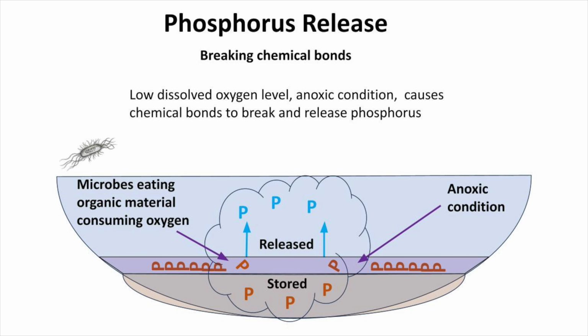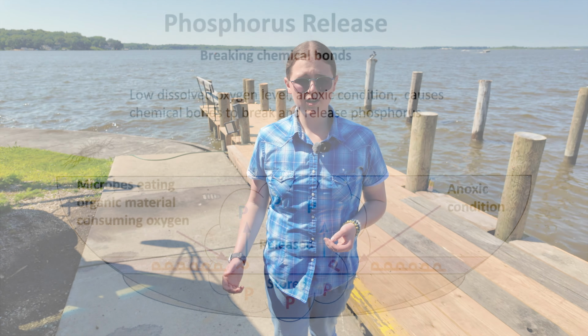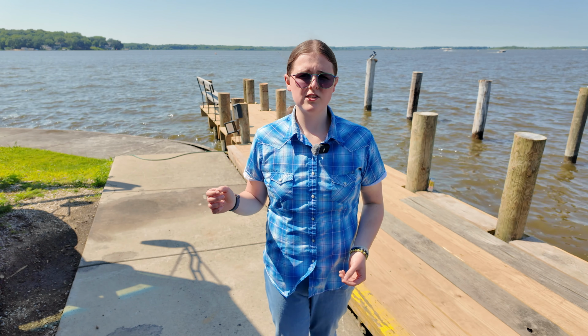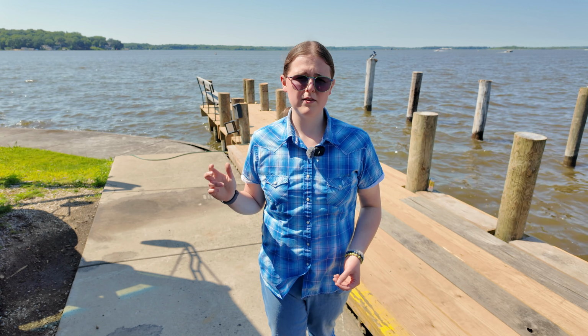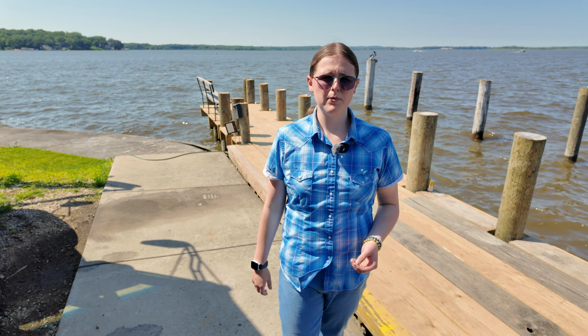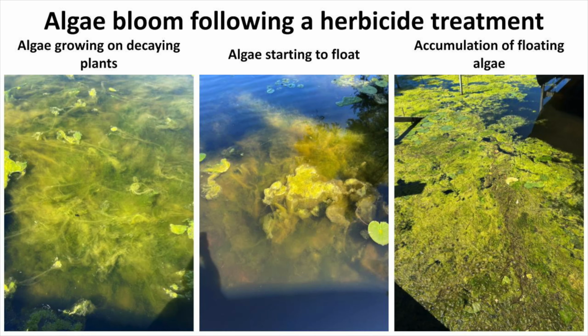What happens next depends largely on when that phosphorus is reintroduced. If aquatic plants have been killed earlier in the season due to herbicide use, phosphorus is often released during the warmer conditions of midsummer. At that point, fewer aquatic plants remain to compete for nutrients, and warm water favors algal growth.